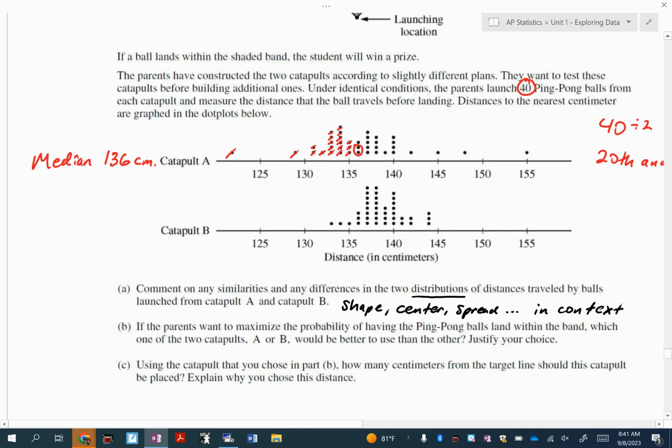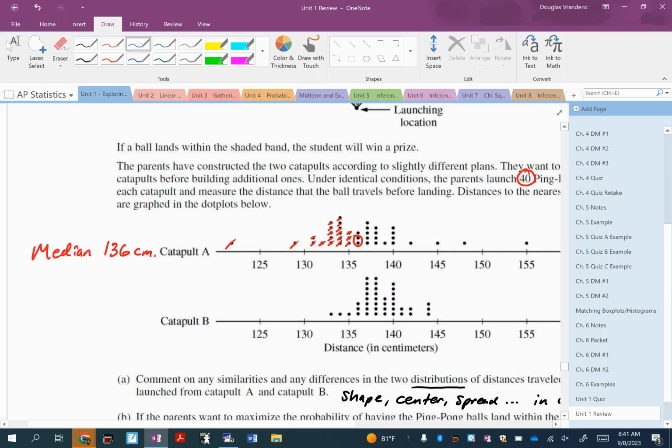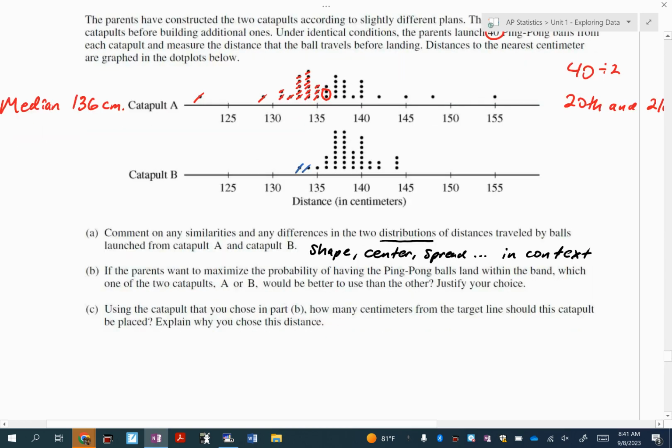Okay, let's do the same thing for catapult B. Here's my catapult B 20th and 21st value, and that looks to be at 138.